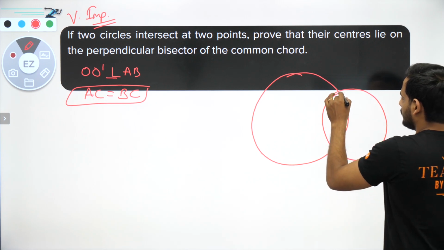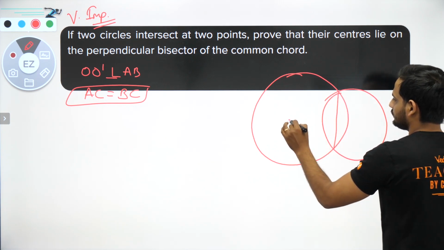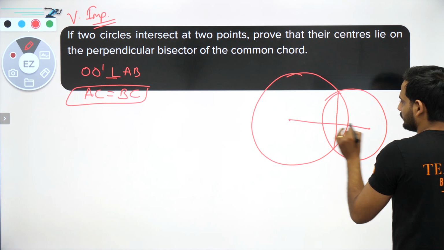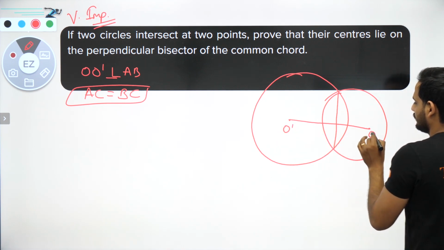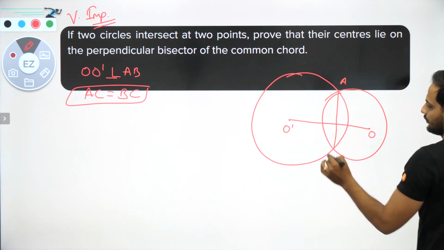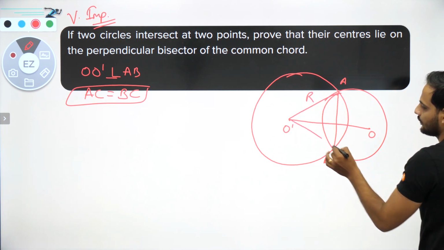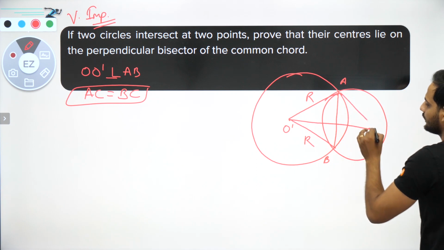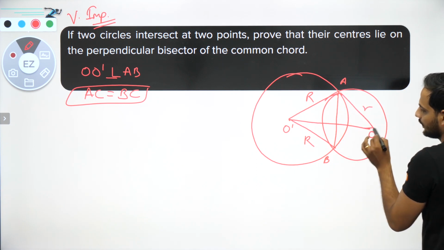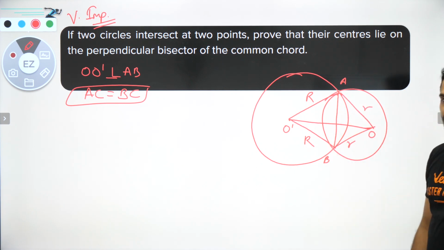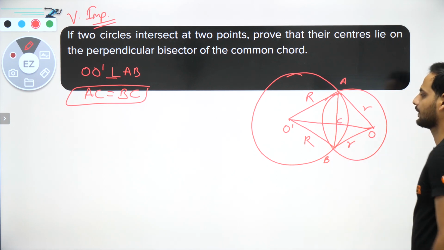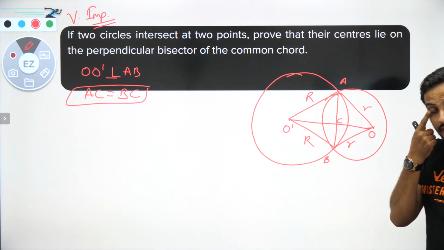Chalo, no problem. But these two are radii, correct? And these two are the radii of the other. So both are different, correct? And let's say this is a point C. Okay, now understand what can be done.